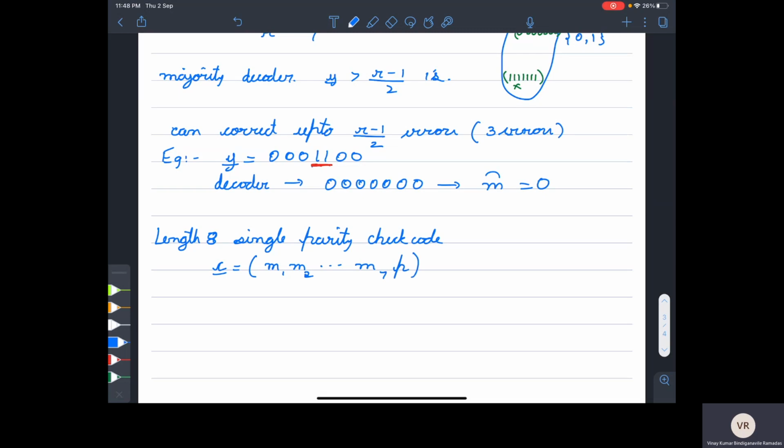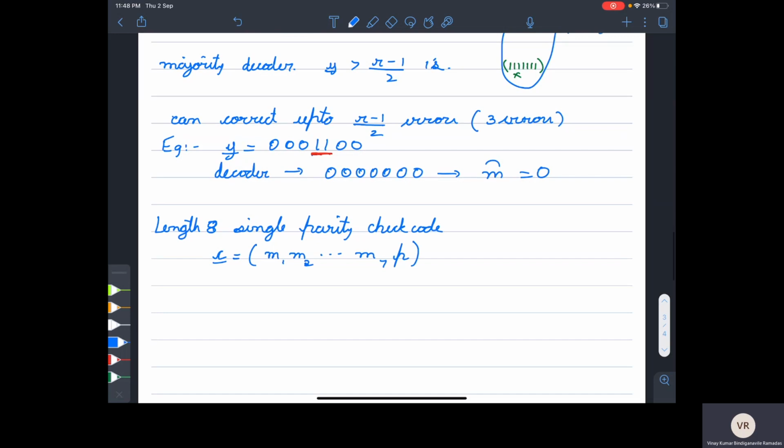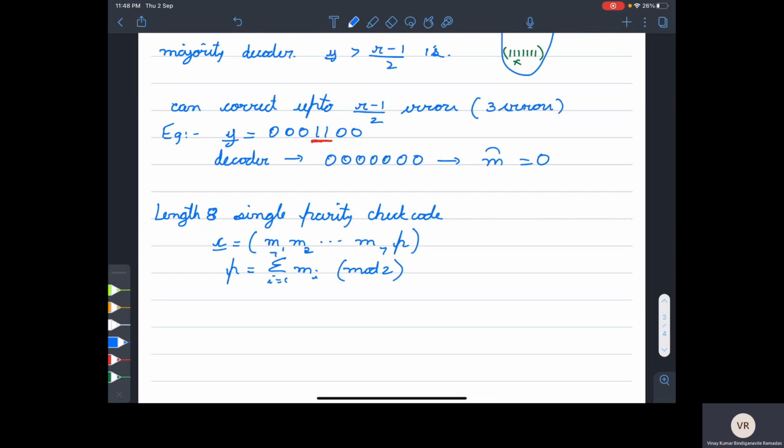How is this p determined? The parity bit is the sum of all message bits. So m1 to m7 are the message bits.